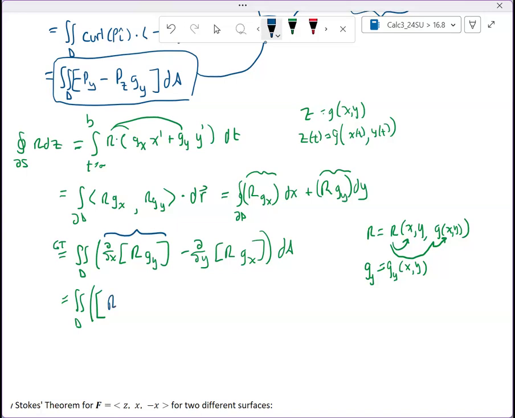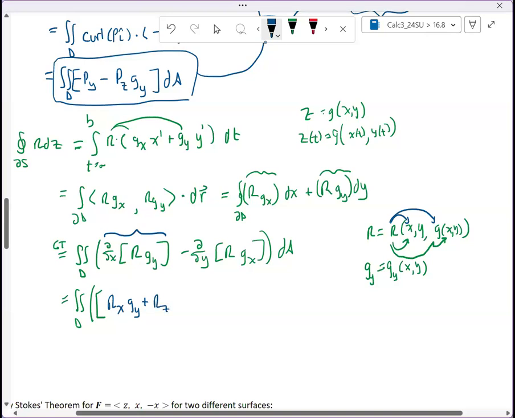So that's what? dR/dx, just the straight derivative with respect to x times the second, gy, plus dR/dz, dz/dx, or I'll just call it dg/dx, times gy. Don't forget that second factor that still comes along. So the derivative of R with respect to x looks like Rx plus Rz gx.